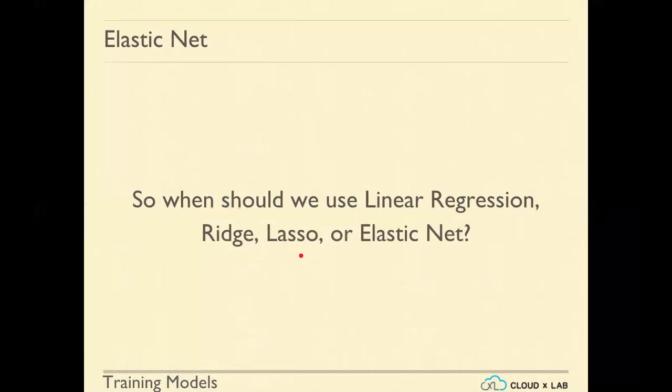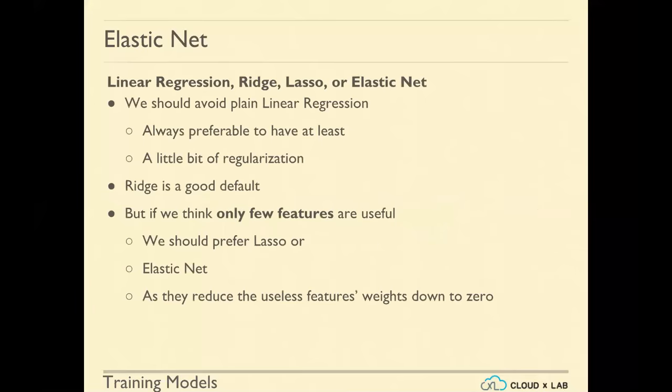All right, so the question is, when should we use linear regression, ridge, lasso, or elastic net? First of all, let's understand that we should avoid plain linear regression. It's always preferable to have at least a little bit of regularization.